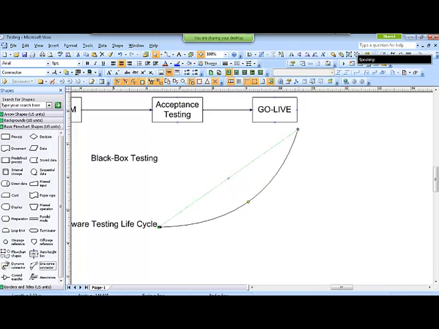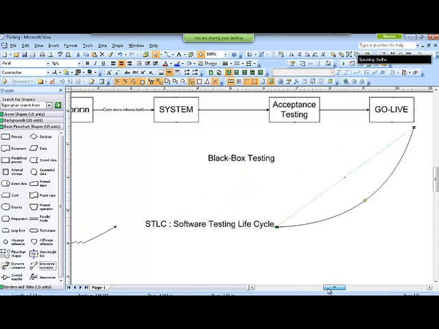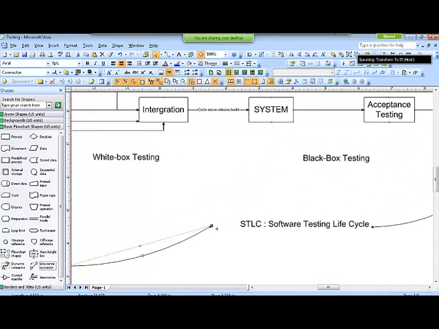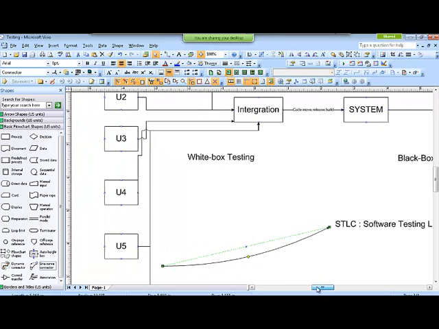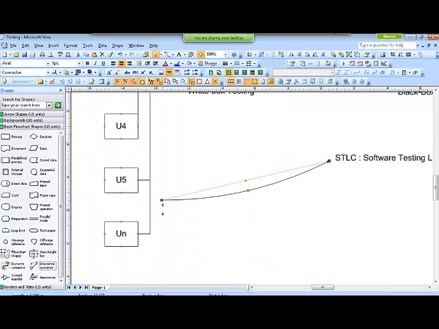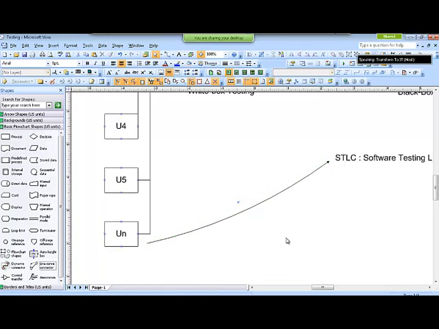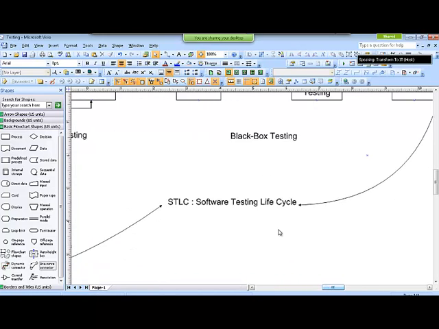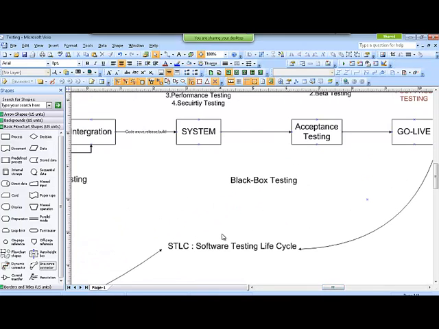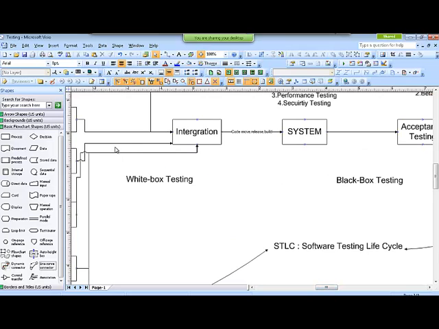It means this testing life cycle is applicable for all types of testing. So this is going to be the common process. Whether you conduct unit, integration, system or acceptance testing, you have to follow the testing life cycle.